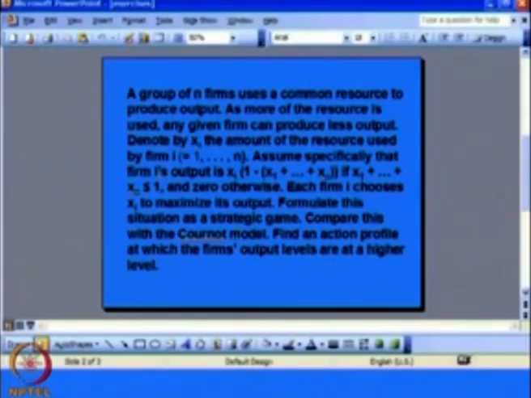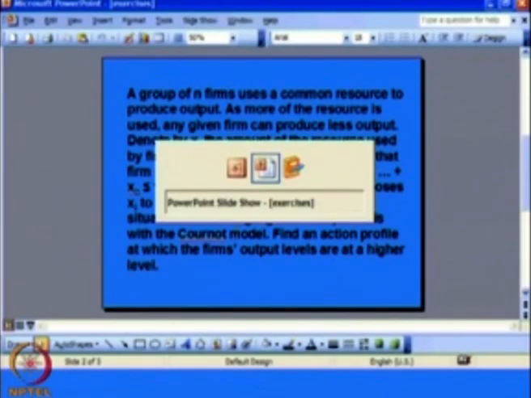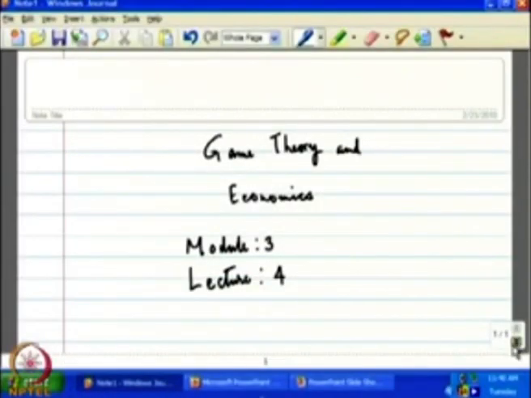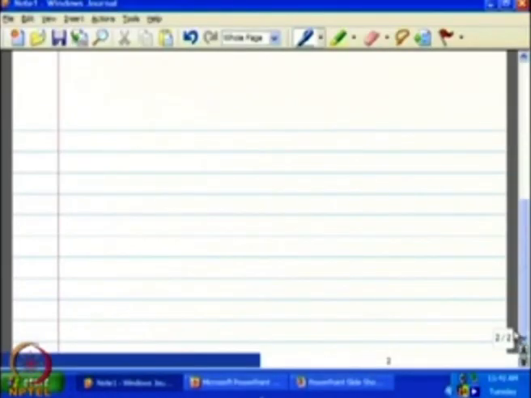So, what we have essentially is that xi is the resource used by firm i, and this resource can at most be 1.